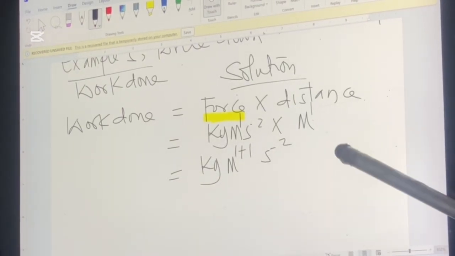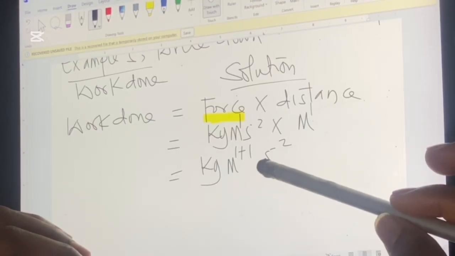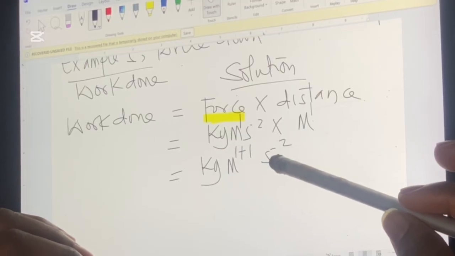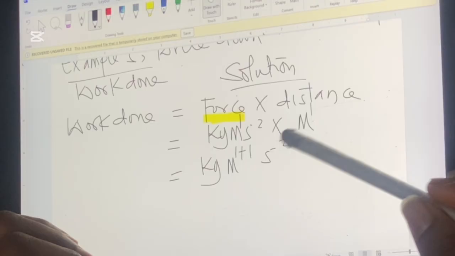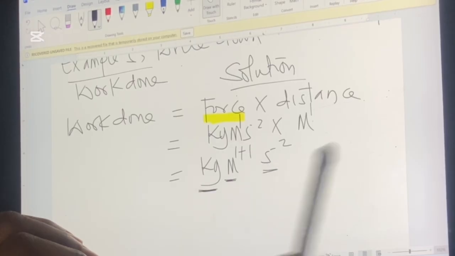Remember, listen please, we are arranging this unit according to the fundamental quantities. That means kg comes before meter and meter comes before seconds.